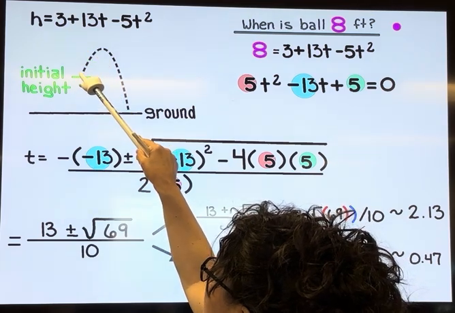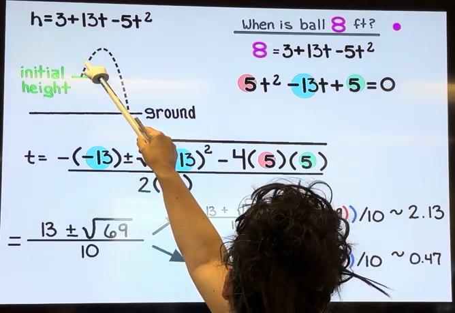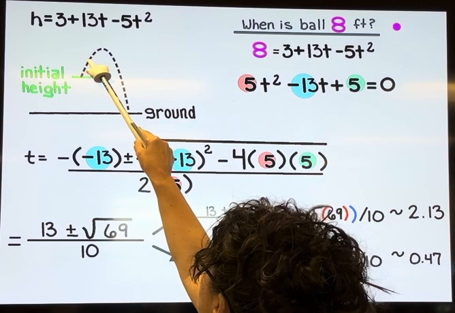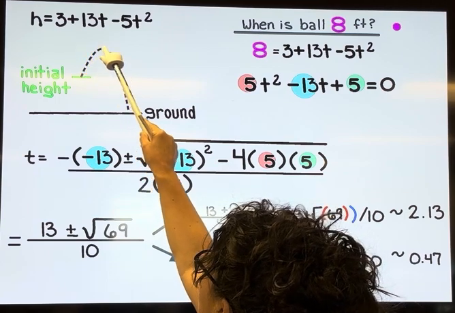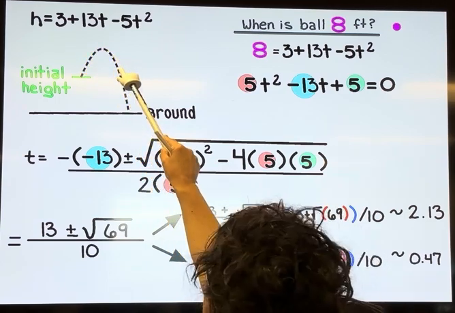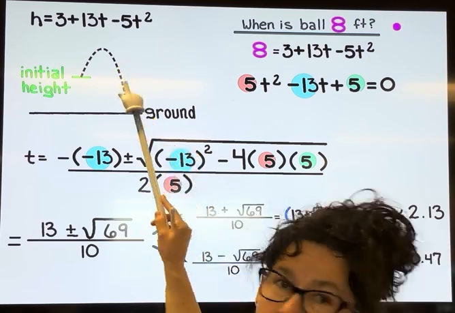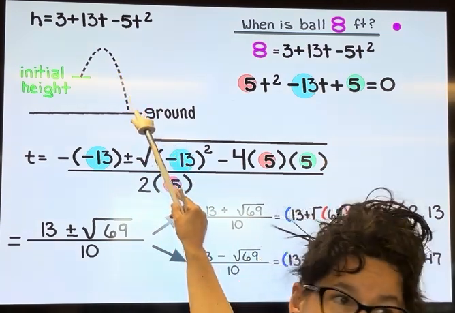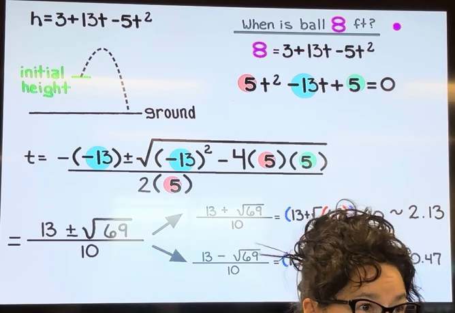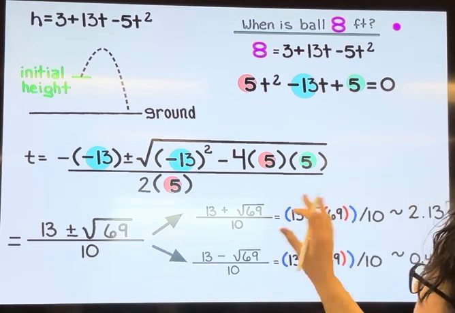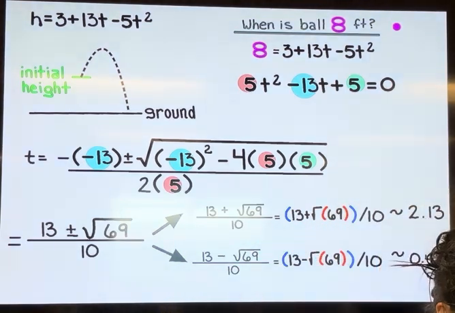It went up, time is going by, so at 0.47 seconds, it's at a height of 8. More time goes by, and at 2.13 seconds, we're at a height of 8, and then eventually it hits the ground.